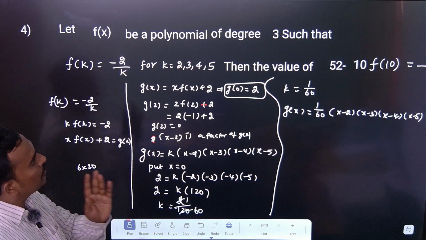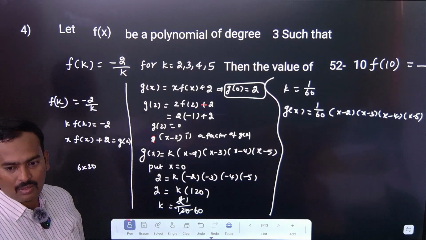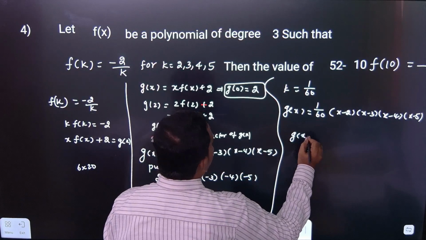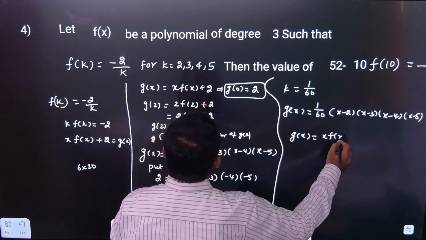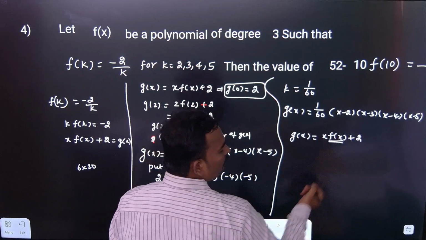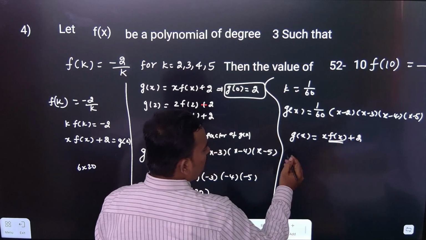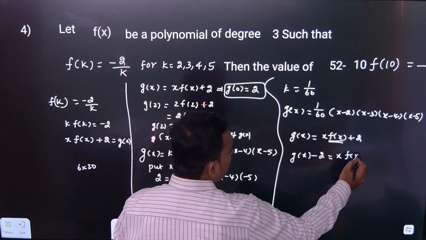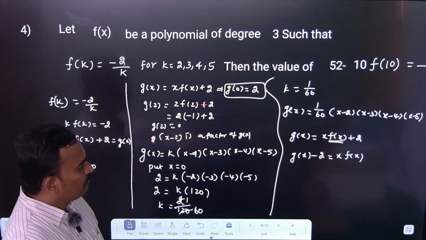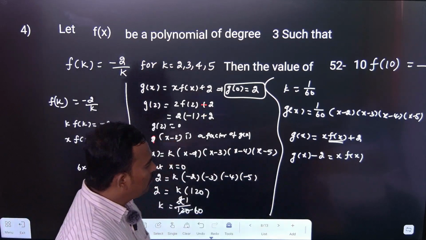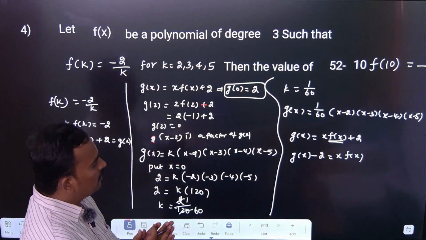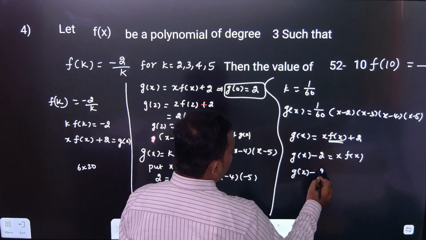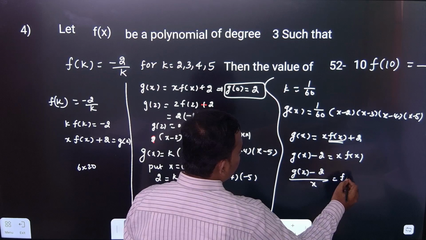Clear? Now your target is to find f of x. How to find f of x? You can see we defined g of x as x into f of x plus 2. We need f of x, so send the plus 2 to the left side. g of x minus 2 is equal to x into f of x. Clear? Now divide it by x. g of x minus 2 divided by x is equal to f of x.